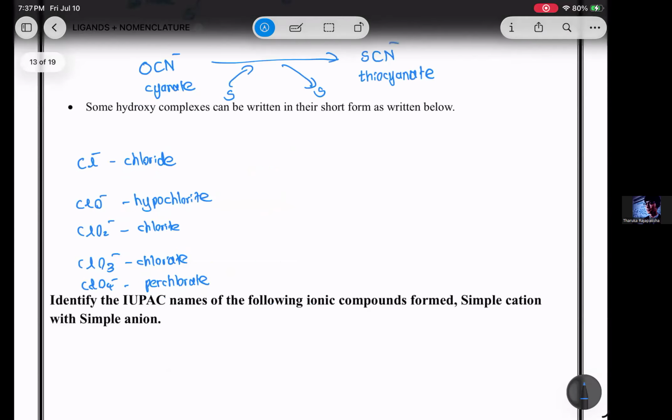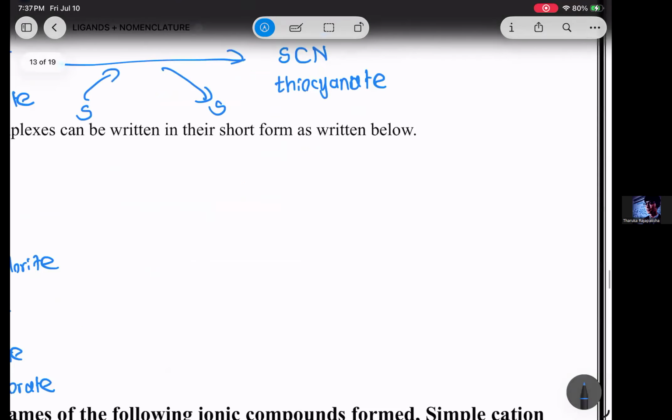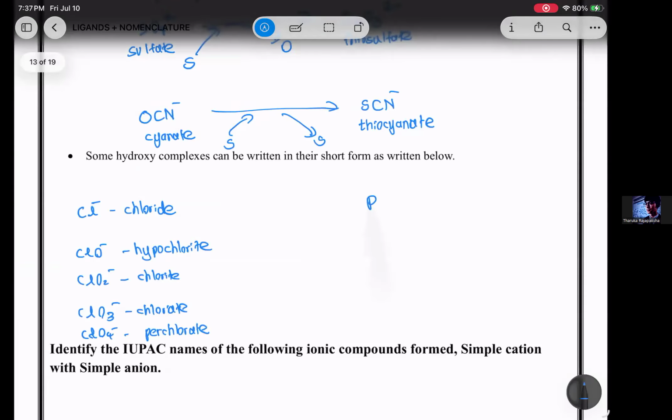Perchlorate. Those are the chlorine containing compounds. Phosphorus containing compounds: you have P3 minus, phosphide. PO4 3 minus, phosphate.